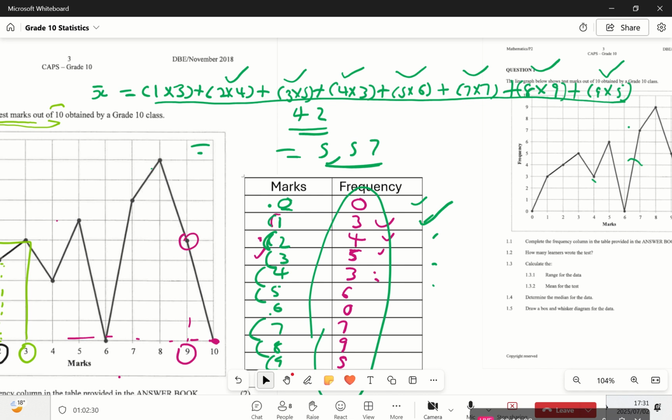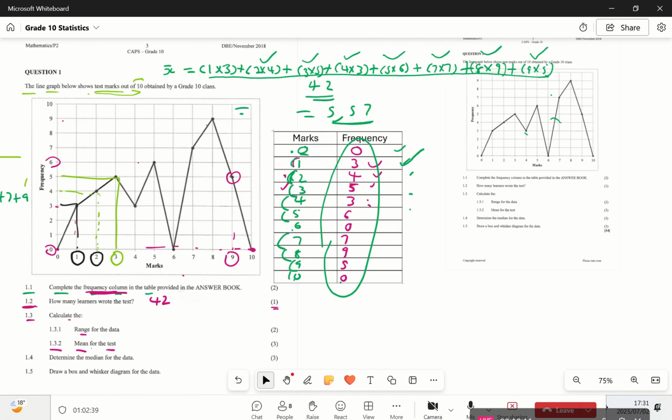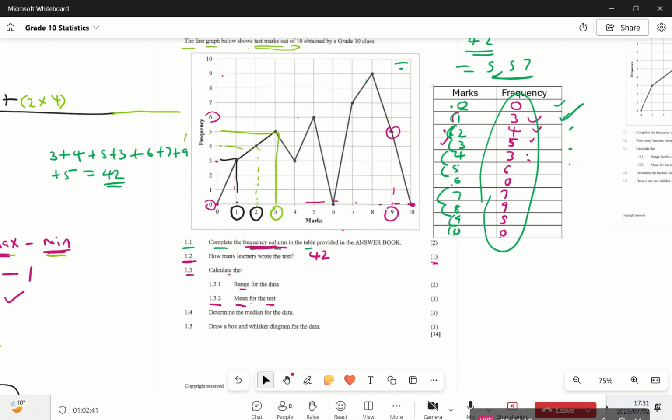Do you get the same answer? Easy peasy. So that's how you calculate the mean if you're given a line graph like that.